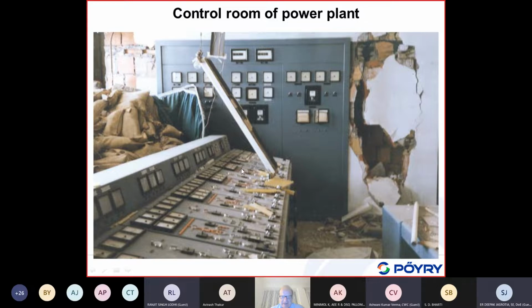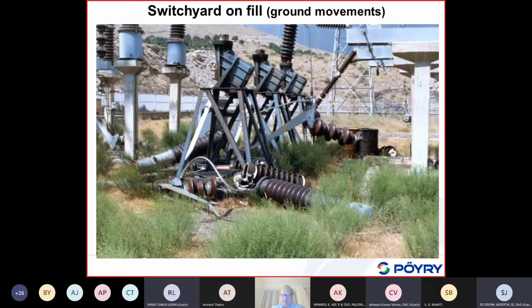And I would say if these panels are crucial, then this can cause further problems. And this power plant has been attacked a couple of times by the Iraqi Air Force. You see here there are still some sandbags to protect this control room. This is just 2 years after the war.